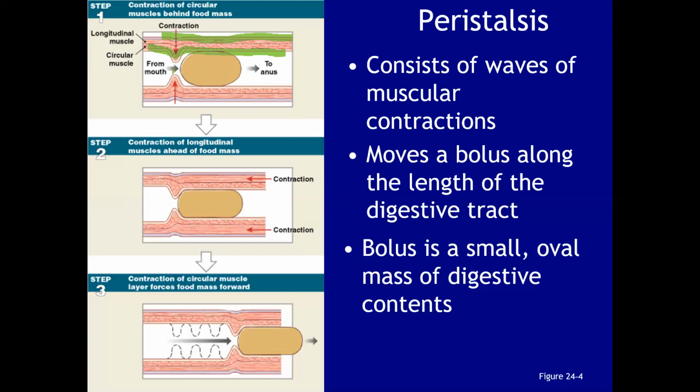Then we have contraction of the longitudinal muscles that allows for the muscles ahead of the food mass to contract. And with this pinching of the circular, this contraction of the longitudinal, it pushes the food down the digestive system.